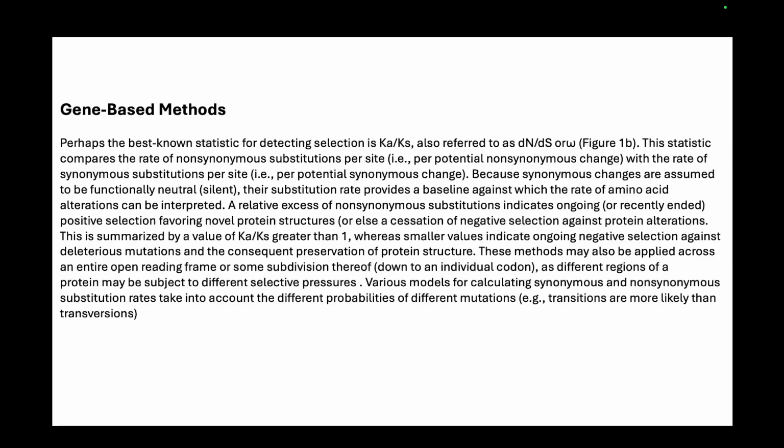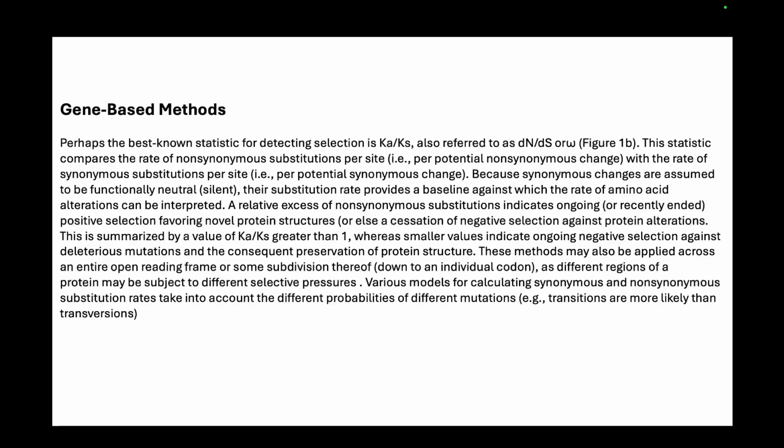A relative excess of non-synonymous substitutions indicates ongoing positive selection favoring novel protein structures, or else cessation of negative selection against protein alterations. So if you have a value greater than one for dN/dS, you're having a higher number of non-synonymous mutations compared to synonymous mutations, which means the non-synonymous mutations are under positive selection, because they are forming new proteins which are actually beneficial.